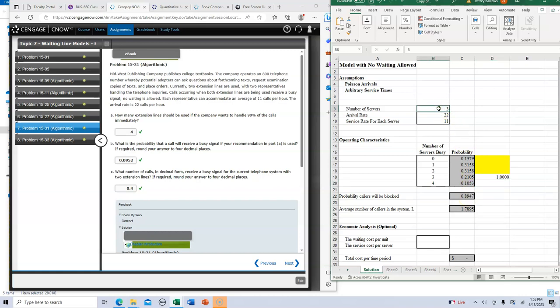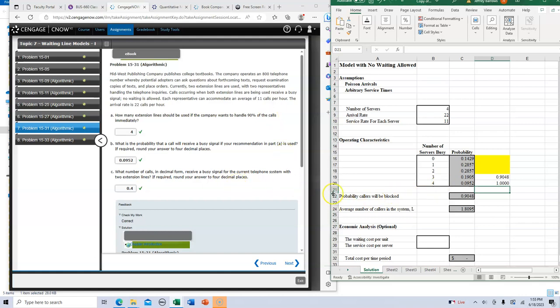And then if we go to 4, again, let's make sure that this distribution is doing what it's supposed to do. And that's good as well. So I think what we're looking for here, how many extension lines should be used if the company wants to handle 90% of the calls immediately?